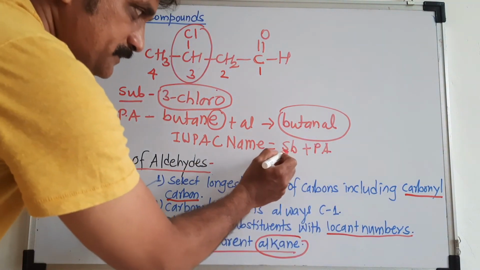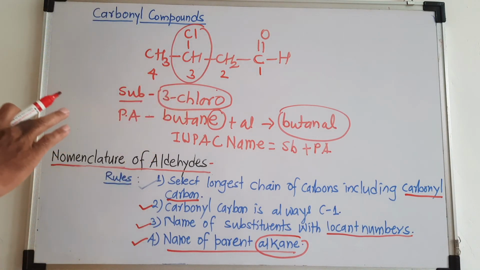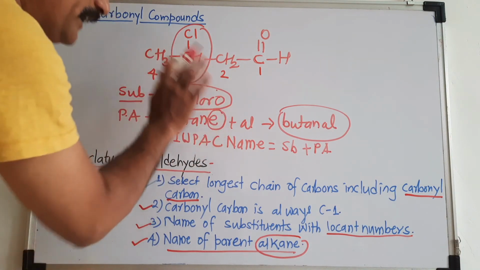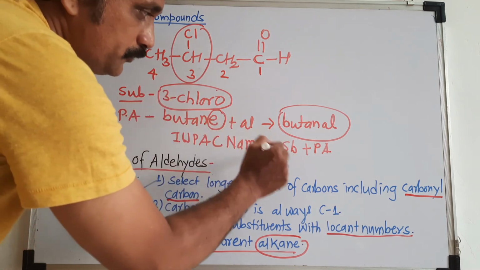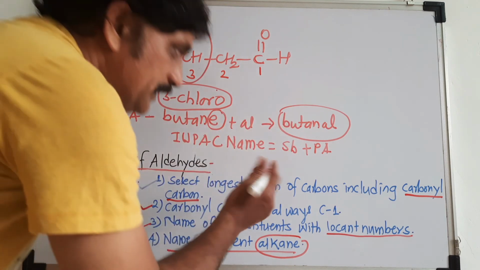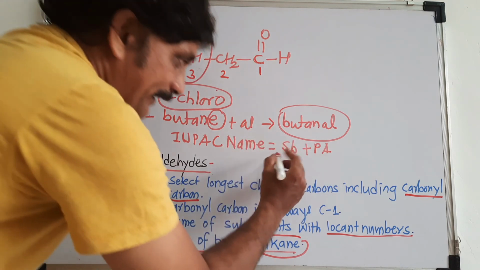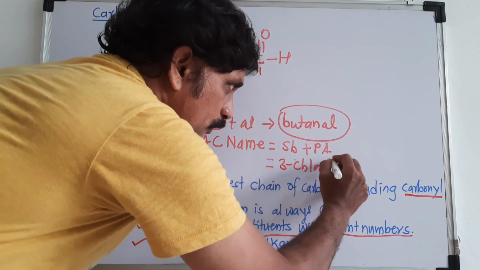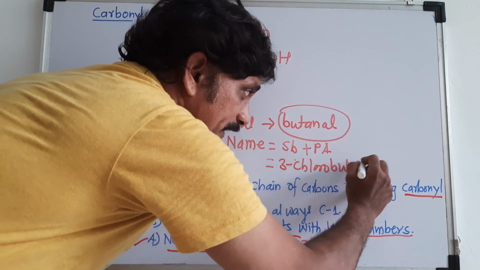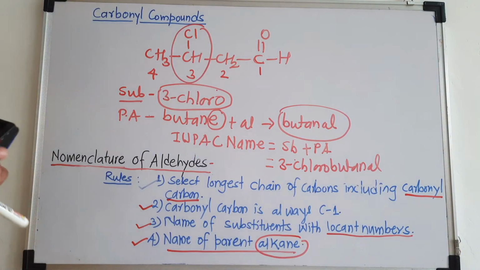Substituents means alphabetically arranged substituents. There is just one substituent, that is chloro. You need not arrange, that is not required. So what is its name? The name of this compound is 3-chlorobutanal.